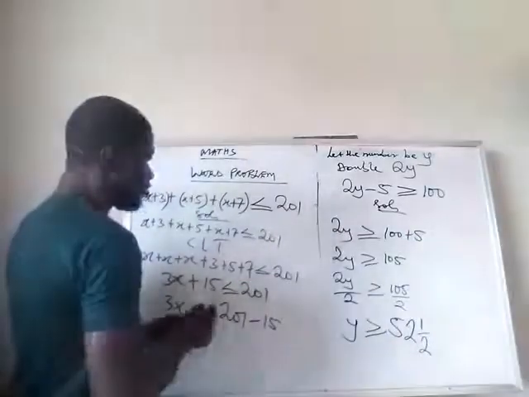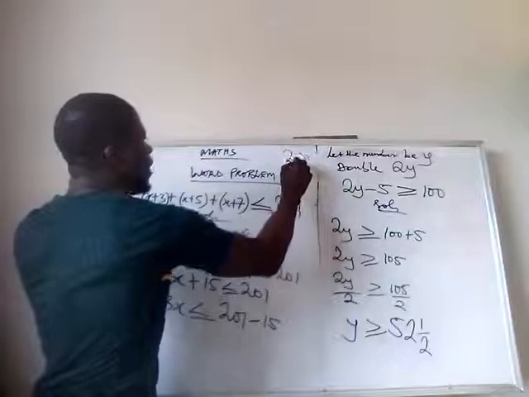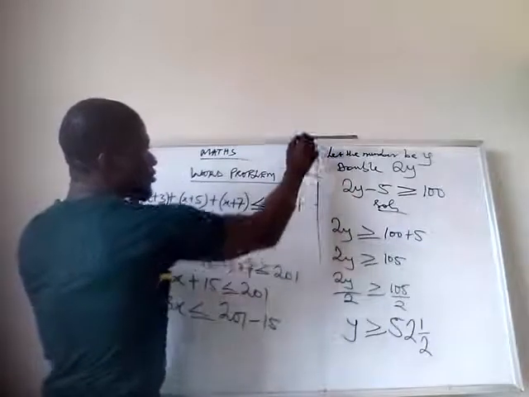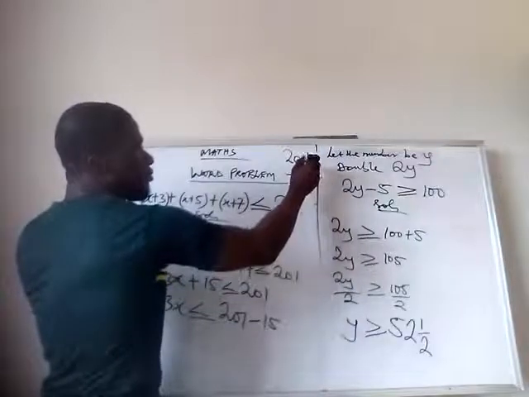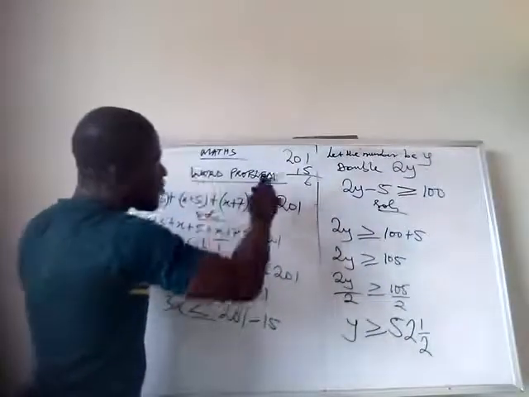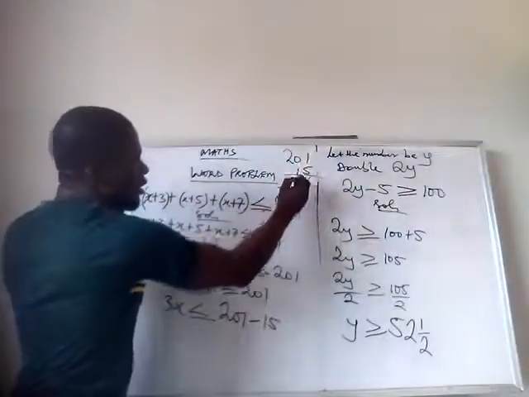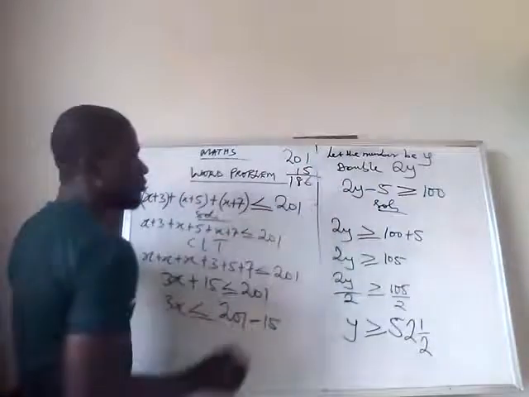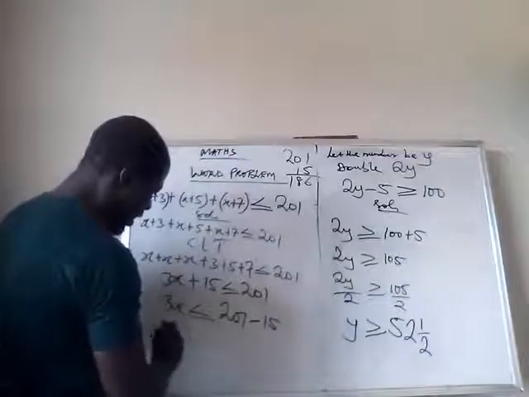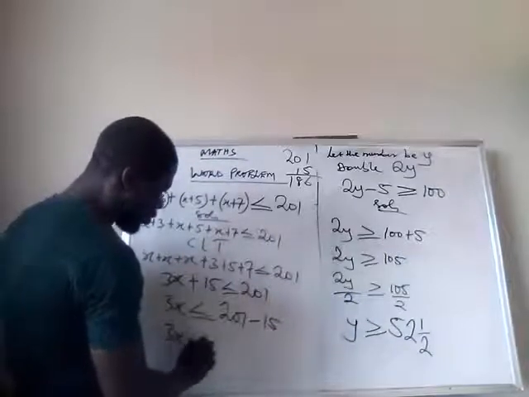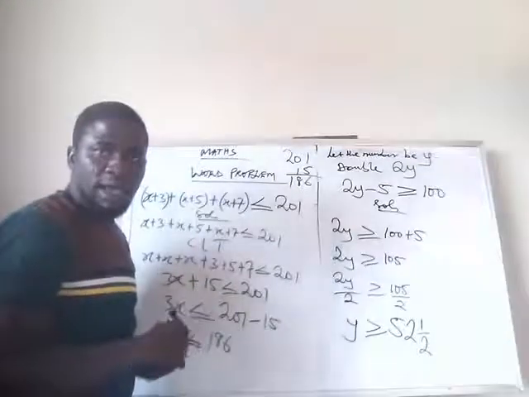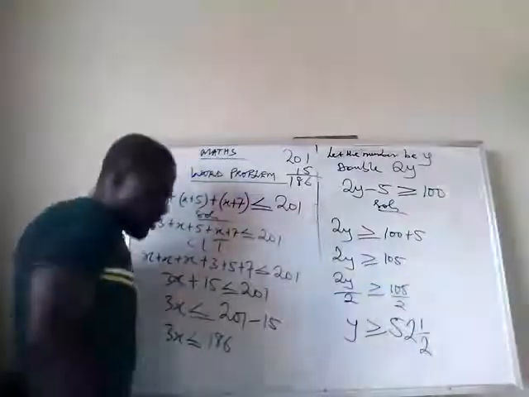Let's do it together. 201 minus 15 will give me 186. So we have 3x is less than or equal to 186. You divide both sides by 3.